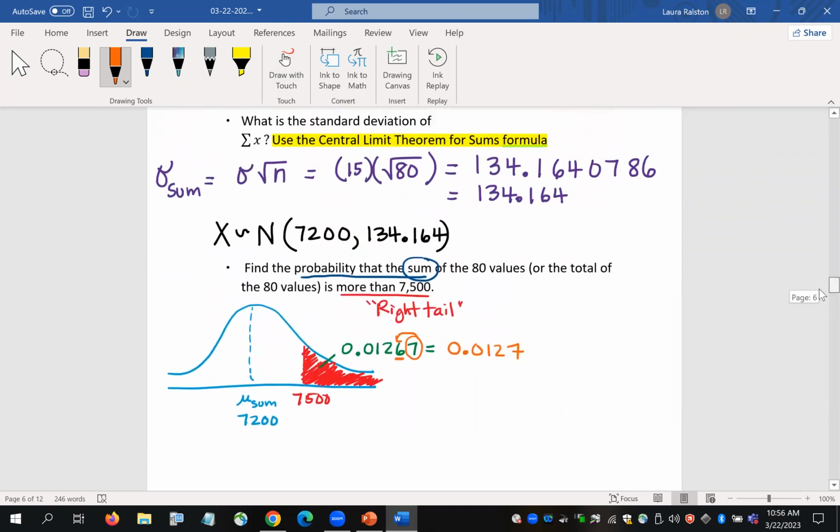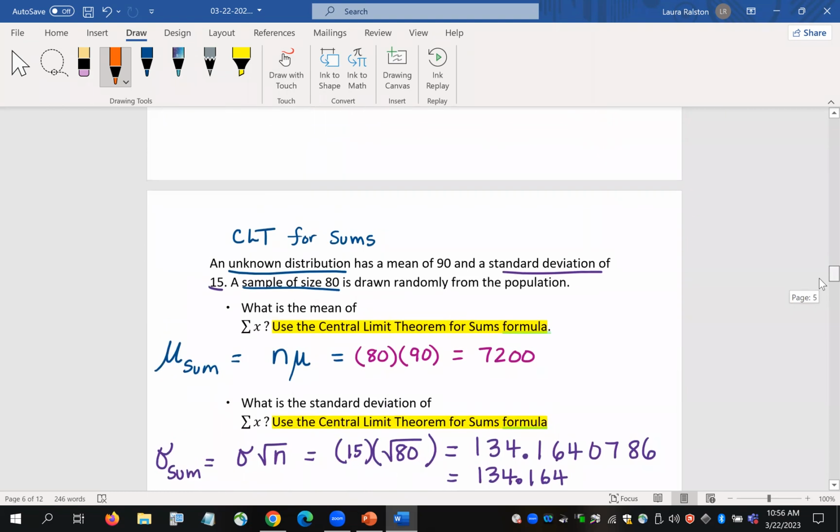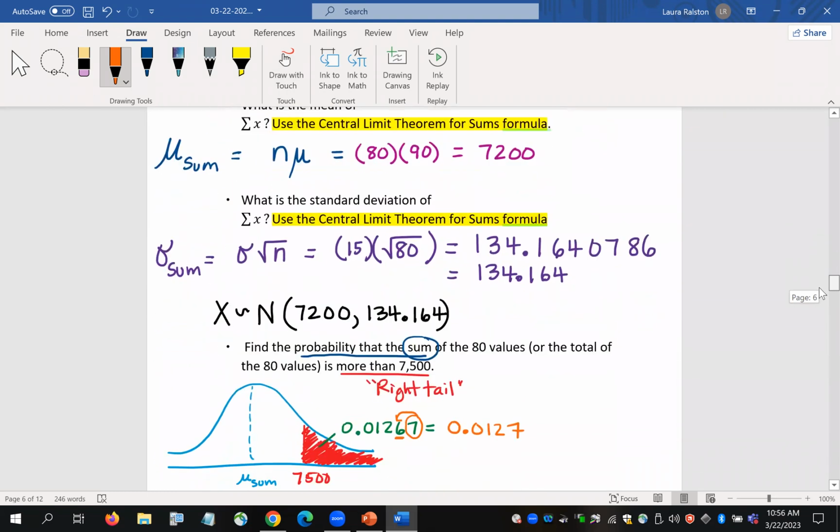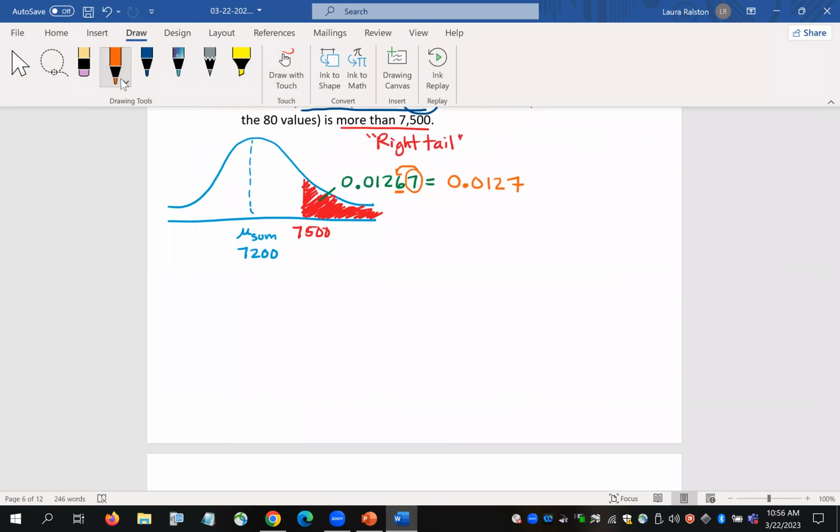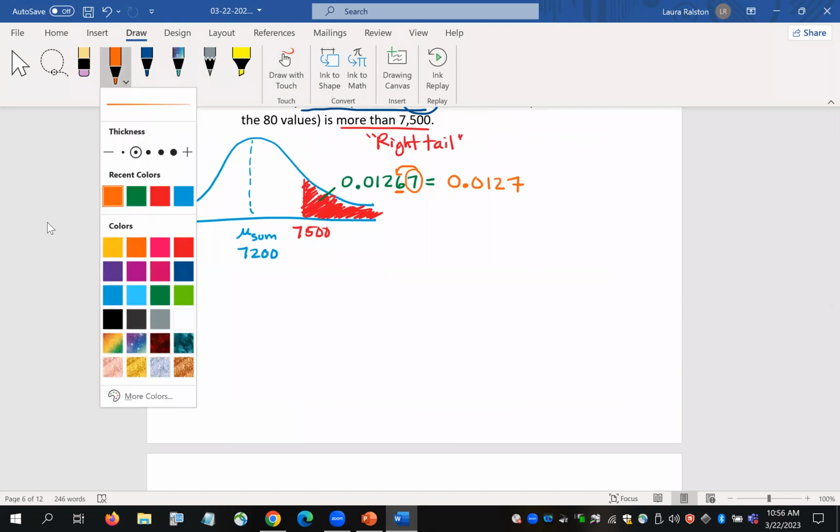So what that means, what are we doing? The probability of the sum. It doesn't even really give us a variable here.